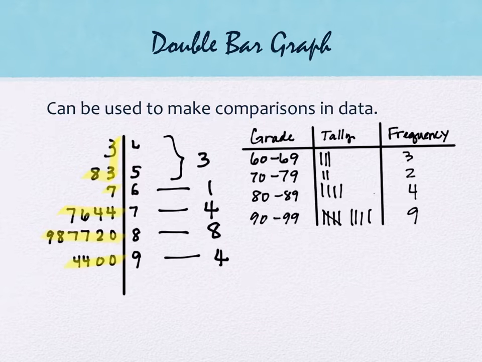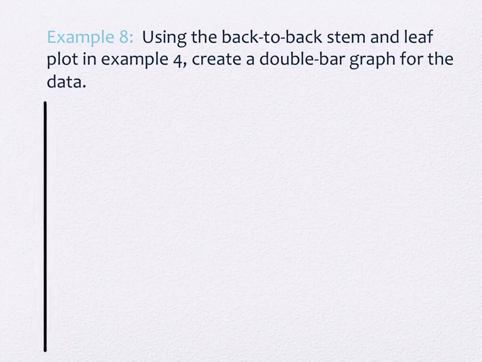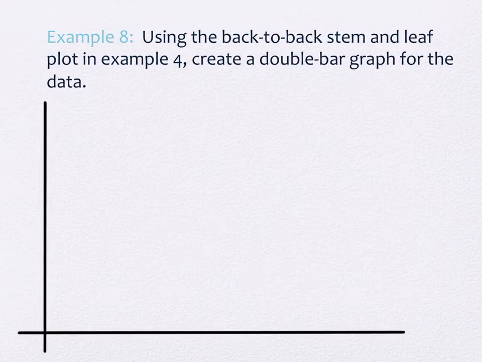All right, so as I'm creating a bar graph, we're going to create the vertical piece just like we have been doing. It's going to be frequency. So I'm going to mark off 0 to 9, or 10, that's what I've been doing. And this is frequency.